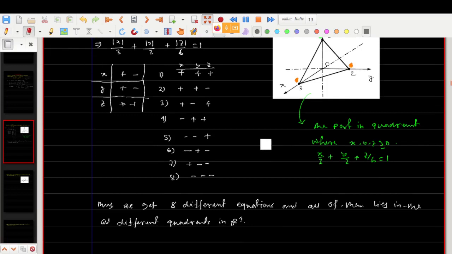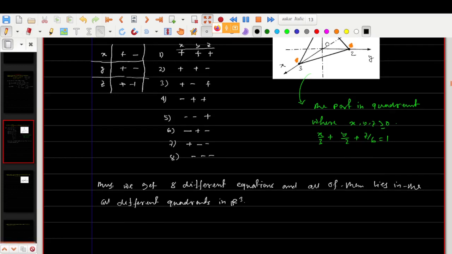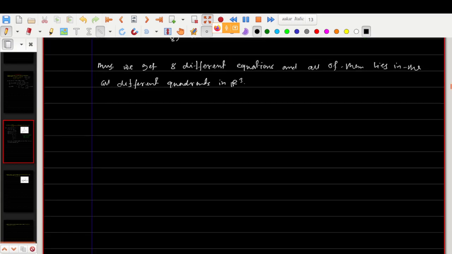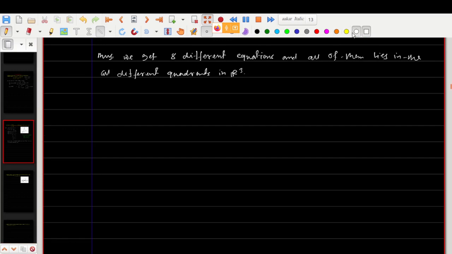However, note that it is enough to find the value in one quadrant and multiply it by 8, because all the parts in the 8 different quadrants are symmetric.